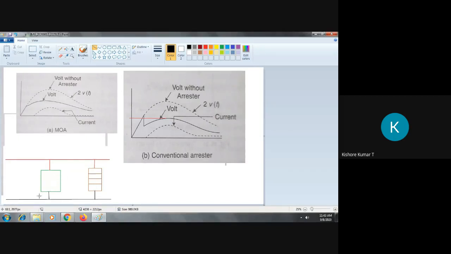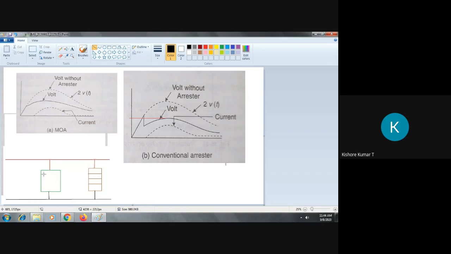Now this equipment will have a crest value of voltage. Crest value of voltage అంటే ఏం చెప్పాను నేను already. Maximum withstandable value of voltage after which there will be a spark over across the equipment.